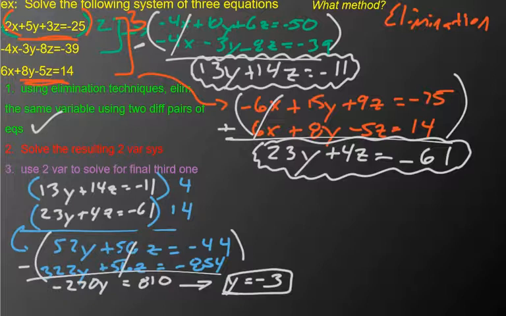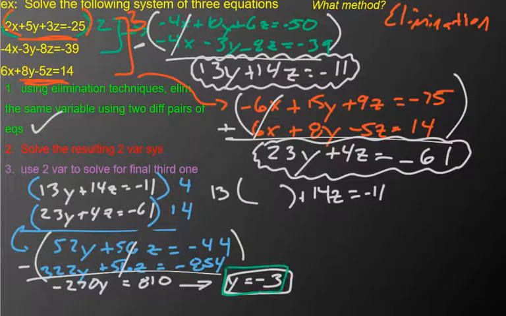So, systems of two equations. We take this value and plug it into either of these two equations to get the other variable. I would always pick the easy equation, so this would definitely be the easy one, because the numbers are just smaller. So if I plug in, we got 13 times negative 3, plus 14z equals negative 11.